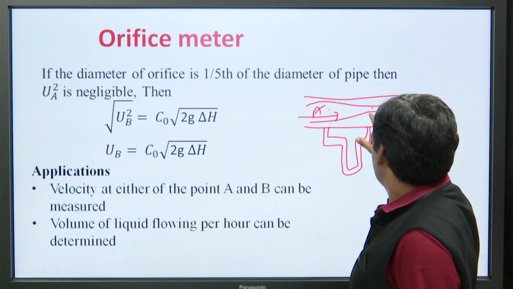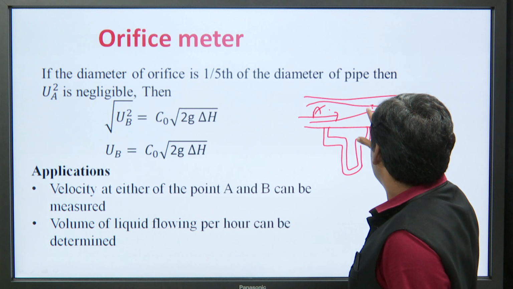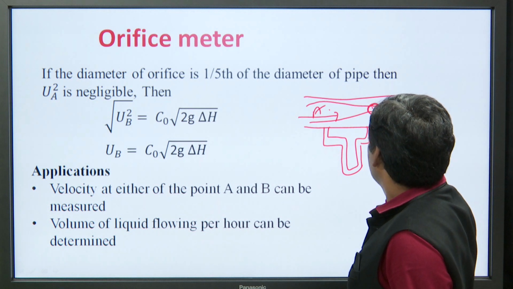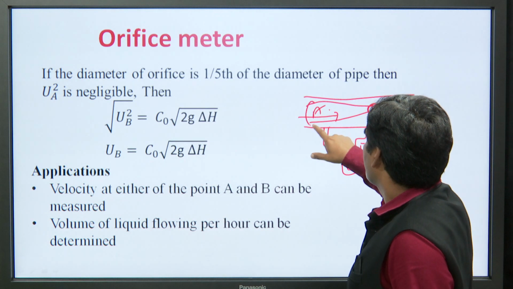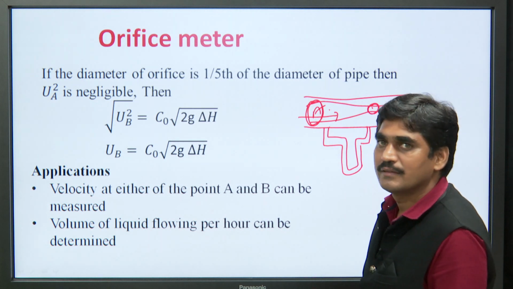Now, if you see the diagram, the diameter at this point is much less as compared to the diameter at this point.